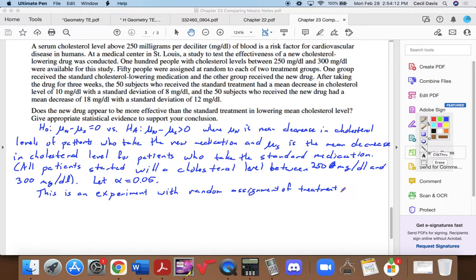So because it's an experiment with random assignment of treatment, you know you have two independent groups. So our independence part is taken care of.